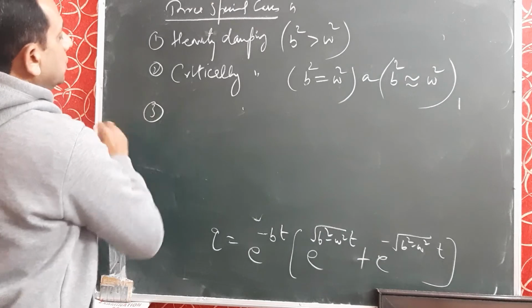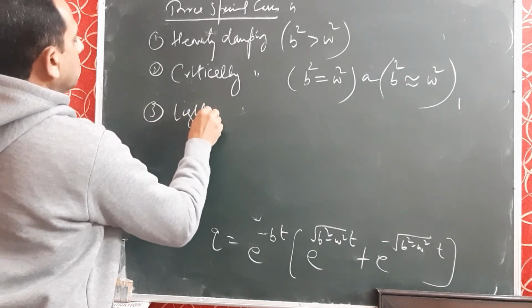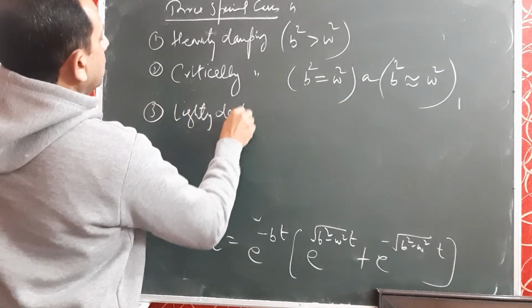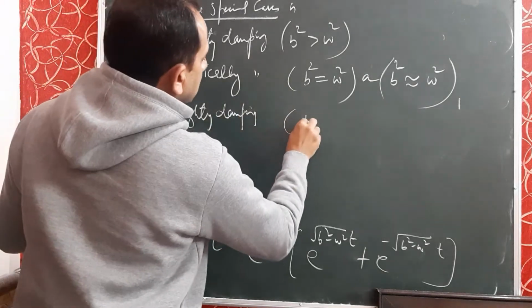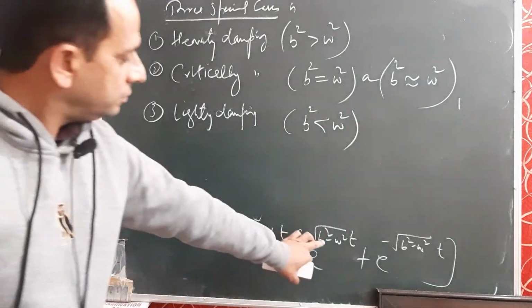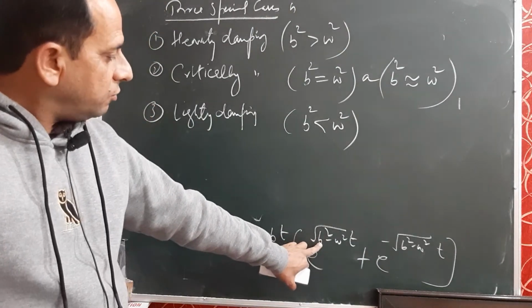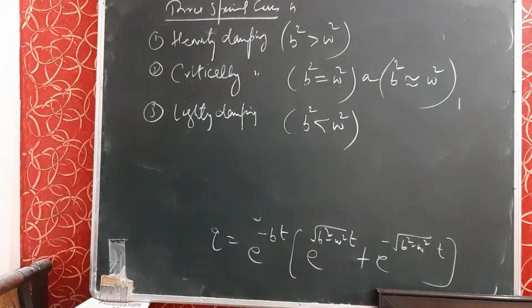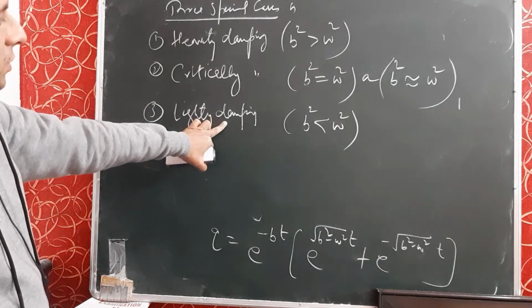And the third case, light damping, is when b square is less than omega square. Then this term becomes negative and the square root of a negative term is iota, and in the third case it is harmonic decay.